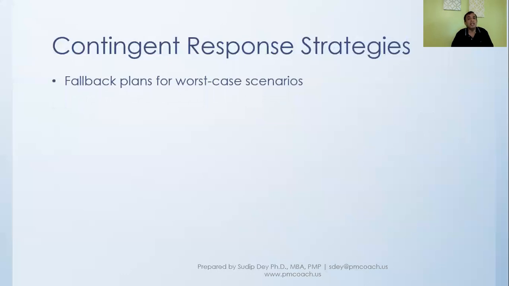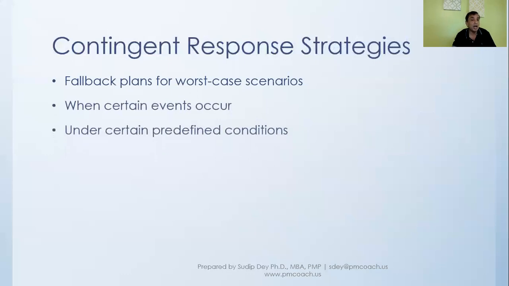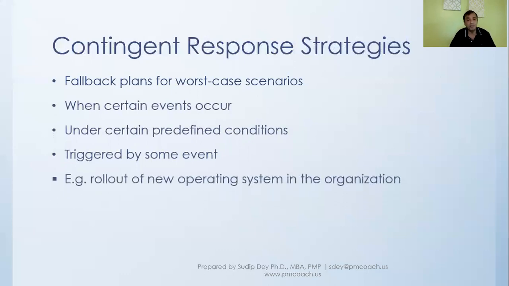If something really drastic happens, something doesn't really work out according to the plan, what is our plan? And that happens when certain events occur under certain predefined conditions, and maybe triggered by some event. For example, when we are planning for this project, we said we'll execute when we go and roll out.